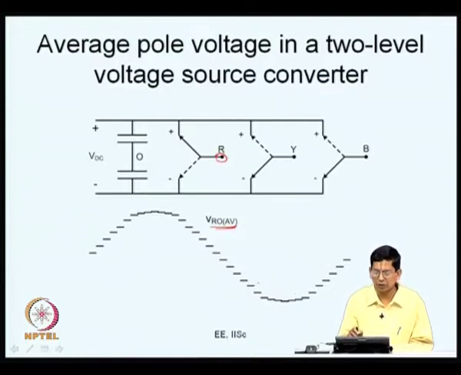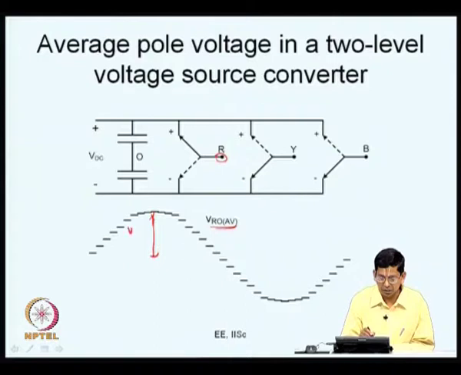It has a sinusoidal variation over an entire line cycle, and as I mentioned in the previous class, this frequency can be easily controlled and also the amplitude can be controlled. The maximum amplitude, as I said, was VDC by 2, it cannot be greater than VDC by 2. This amplitude will be less than or equal to VDC by 2, within that we can control this voltage.